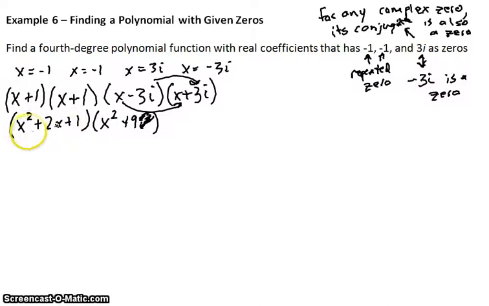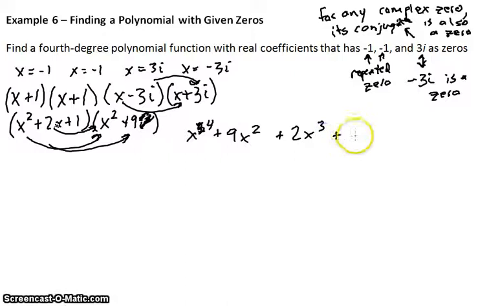So to do some more multiplication, I'm going to multiply this all through. I get x cubed plus 9x squared. x to the 4th plus 9x squared plus 2x cubed plus 18x plus x squared plus 9.